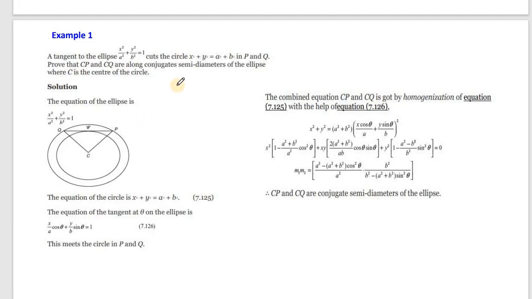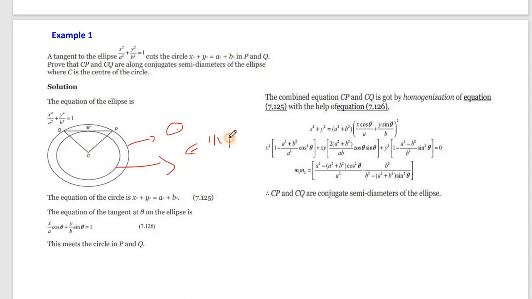circle. So here we have one director circle and we have the standard ellipse. What is given is a tangent to the ellipse. Tangent to the ellipse, this one, that's the circle. So the outer one is your circle. This is your circle, and this one is your ellipse.